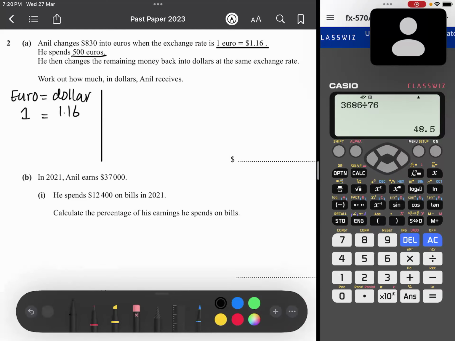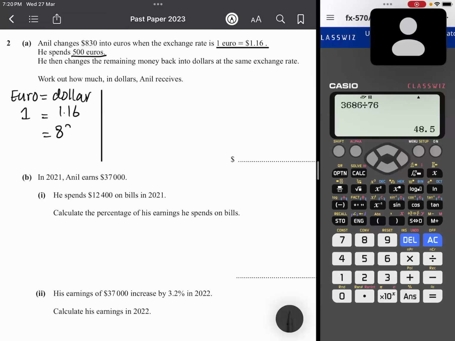So we have $830 to convert into euros, so cross multiplication. 1.16x is equal to 830, so x is equal to 830 divided by 1.16. So the answer is 715.51.